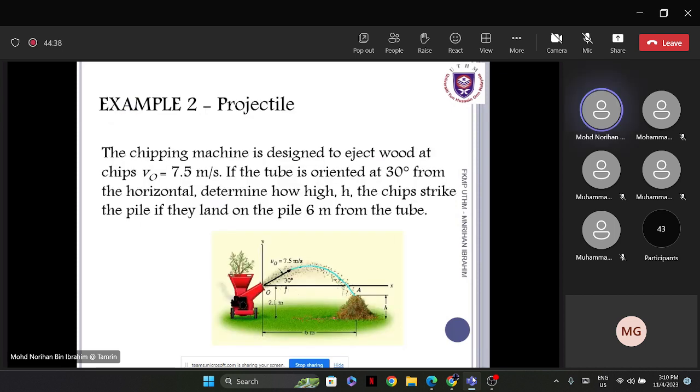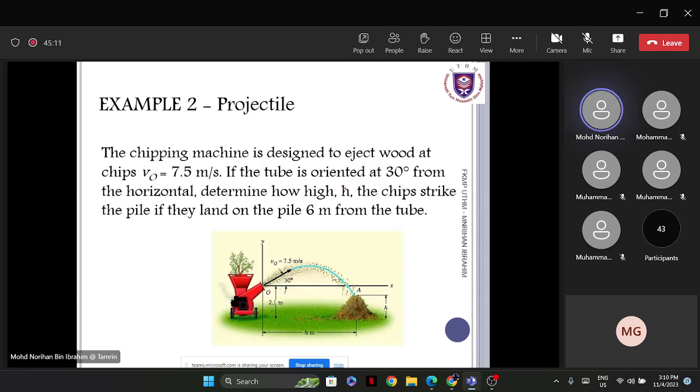Okay, we continue with this example 2. Example 2 concerns projectile motions. The question is: the chipping machine is designed to eject wood chips at V0 equal to 7.5 meters per second.